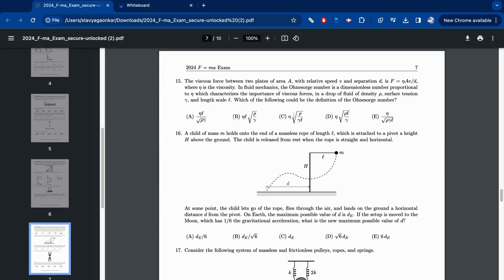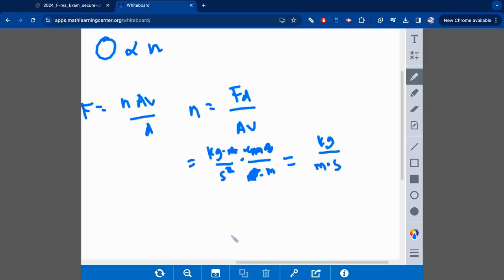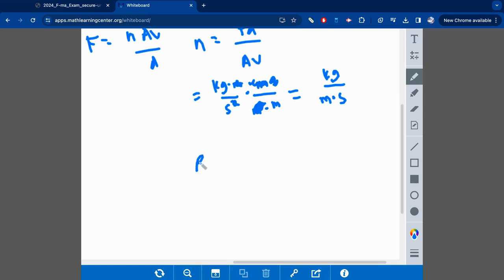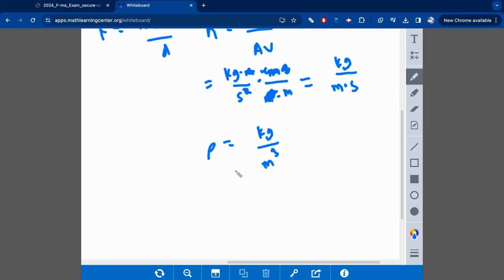Okay. And so now what it's asking for is what combination of units would essentially allow this number to have no units because it's dimensionless. So now we need to look at, okay, so we know that rho, its density, has these units, right? Kilograms over meters cubed, because it's just mass over volume.